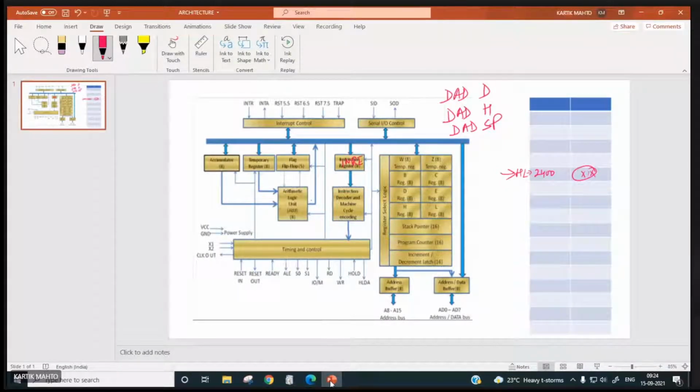The E register content will be copied to temporary. Suppose E equal to FF is there. So E plus FF plus 1 will be made over here. So what will be the result? FF plus 1 is how much? Quickly.